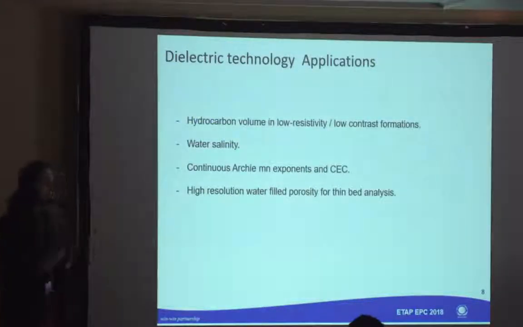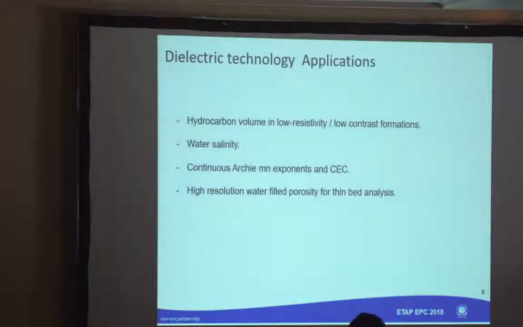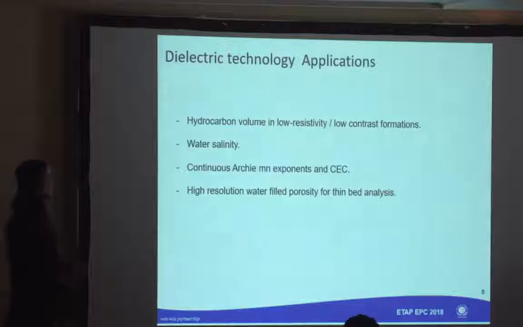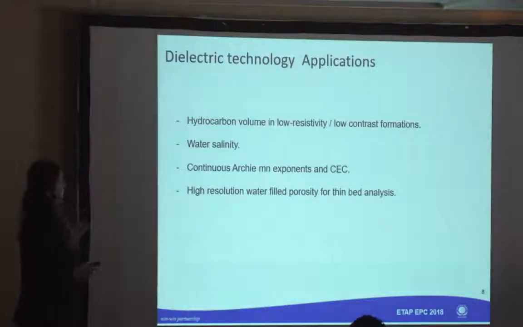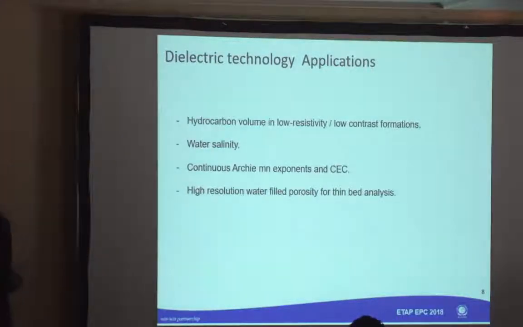Some of the applications of these answer products are deriving hydrocarbon volume or fluid saturation in low resistivity or low contrast resistivity, where the resistivity cannot differentiate between the hydrocarbon and water. We can derive also the water salinity, where we have a known or variable water salinity in our formation.